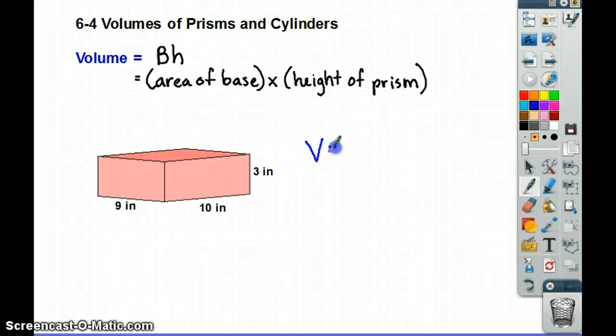So the volume is the area of the base times the height. Well, let's make this bright pink one up here the base. Well, the dimensions are 9 by 10, so the area of the base is 90. The height of the prism is 3. Giving me a volume of 270.